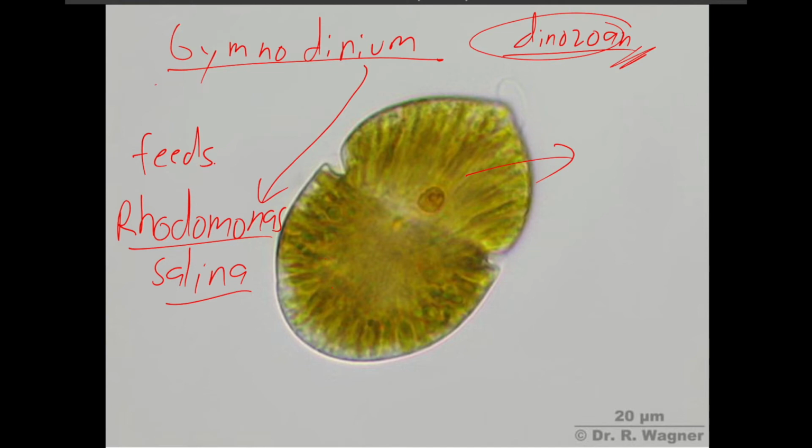Okay, so when this dinoflagellate, this Gymnodinium, eats the Rhodomonas salina, it will digest the Rhodomonas salina, but it will leave the plastid, the golden tinged plastid, on its own. So that's why it has a golden brown color to it. But this time, it will kind of use those plastids and become an autotrophic organism. Okay, so it's kind of weird.